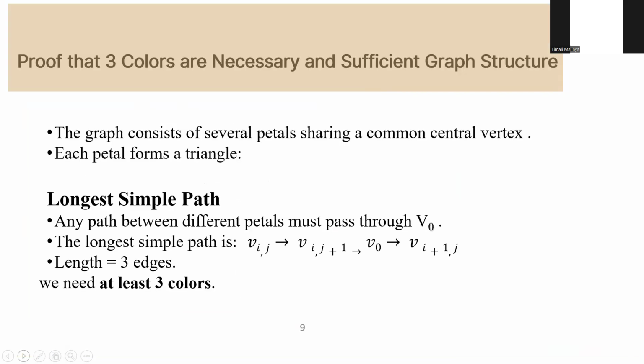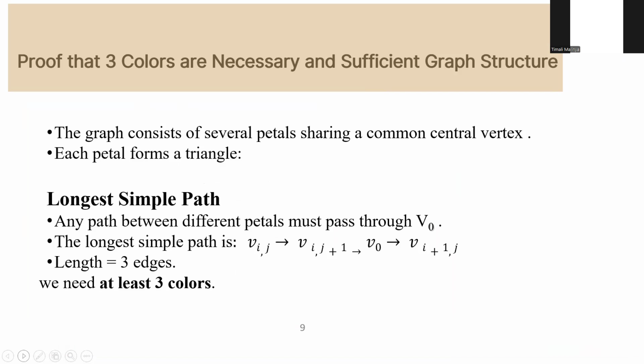Proof that three colors are necessary and sufficient. Graph structure: the graph consists of several petals sharing a common central vertex. Each petal forms a triangle. Longest simple path: any path between different petals must pass through V0, which is the center vertex.